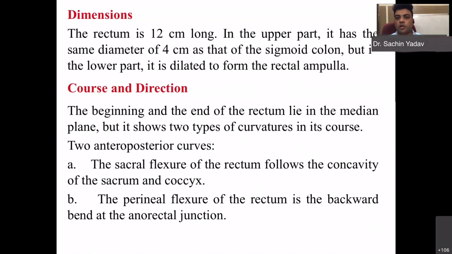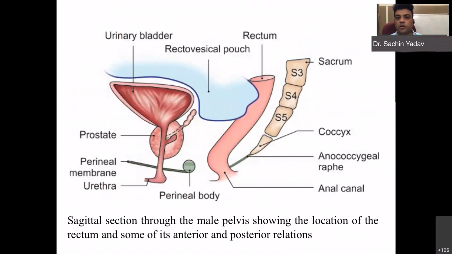You can see this is the lateral view of the pelvis in the male. On your left side you can see the urinary bladder with the prostate gland and the urethra. Above, the light blue is the peritoneal cavity, lined by the peritoneal membrane. Posterior to the urinary bladder, that is on your right side, are the lower three segments of the sacral bone and the coccyx, and anterior to that, between the bladder and the sacrum, the rectum.